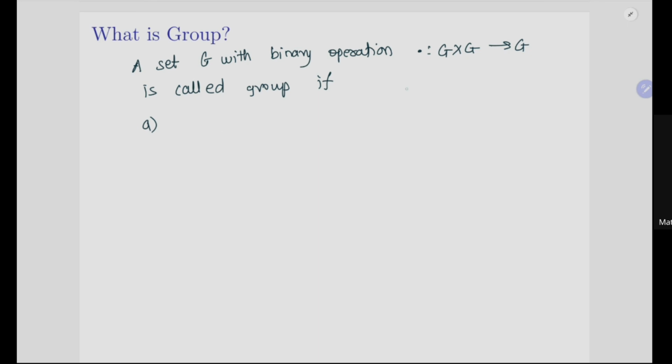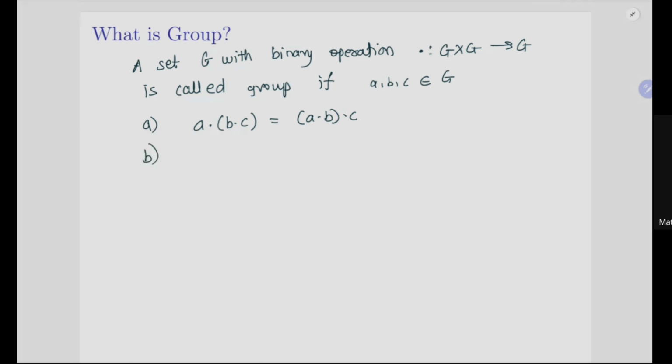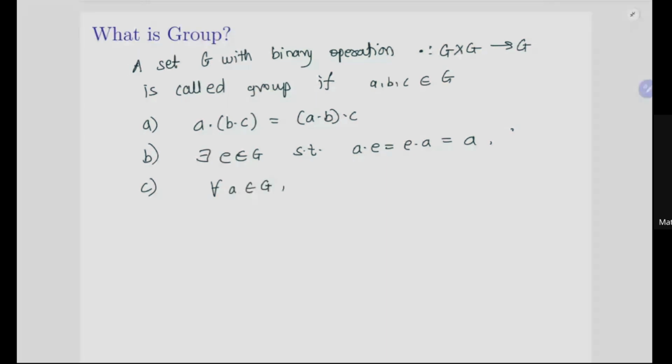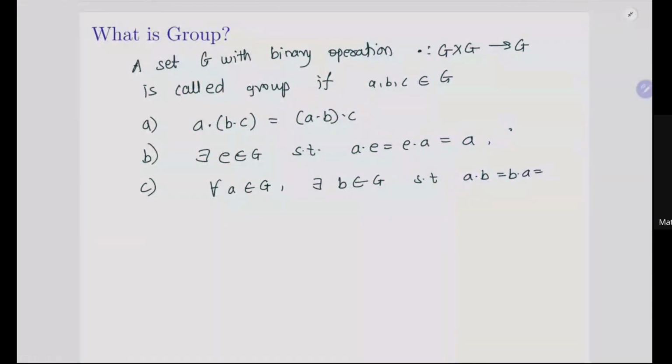Such that if a, b, c in G, then a dot (b dot c) must be equal to (a dot b) dot c, and there exists some e in G such that a dot e is equal to e dot a is equal to a, and the third property is that for all a in G, there exists b such that ab is equal to ba is equal to e.